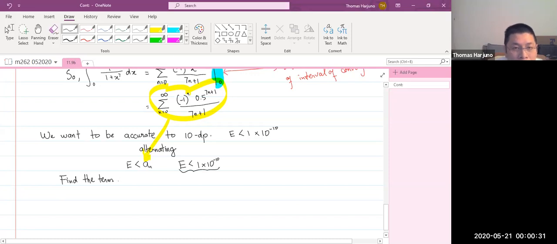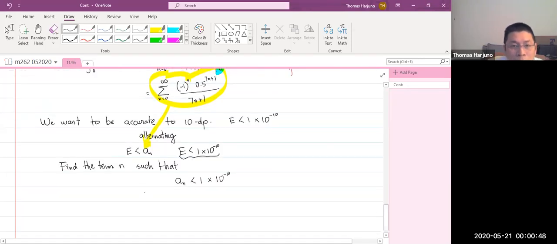Okay, find the term n such that a sub n is less than 1 times 10 to the negative 10. Okay, so the magnitude, actually, I just need the magnitude.